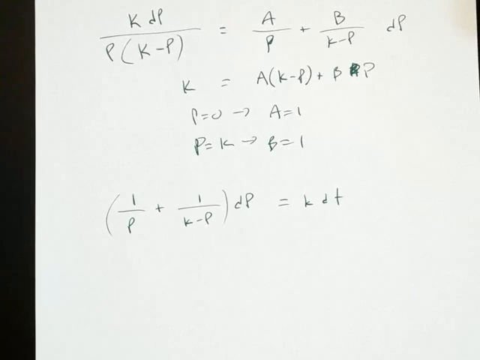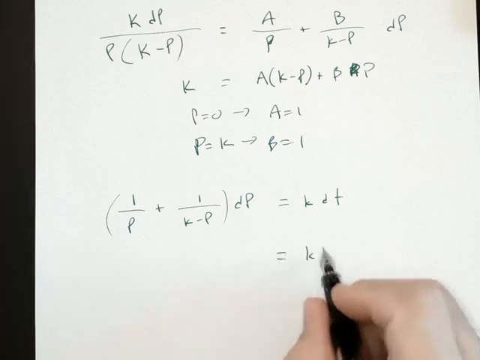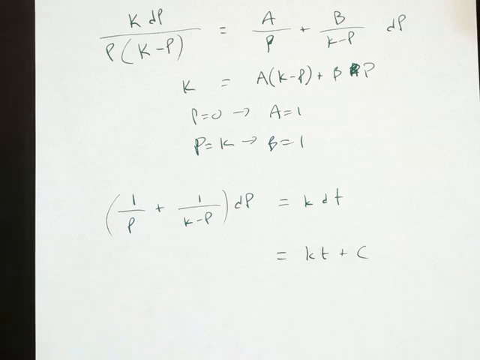Integrate. What do you get on the left? Yeah. Be like ln of the absolute value of p plus ln of the absolute value of k minus p.